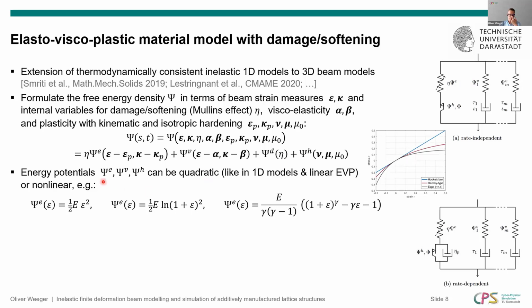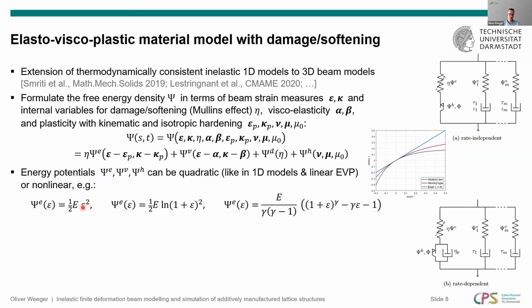So these energy potentials, typically they are assumed, if you think of linear elasticity or linear visco-elastoplasticity, to be quadratic potentials. So here I just write this one-dimensionally. The potential would depend on the strain in a quadratic fashion, where E would be the Young's modulus here.